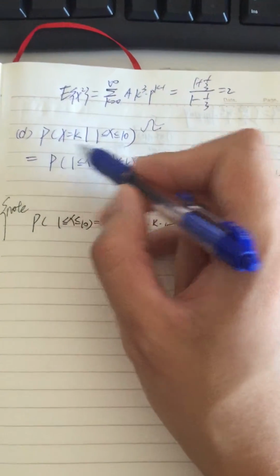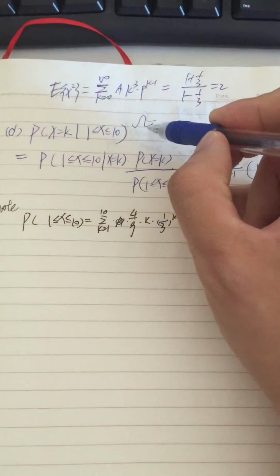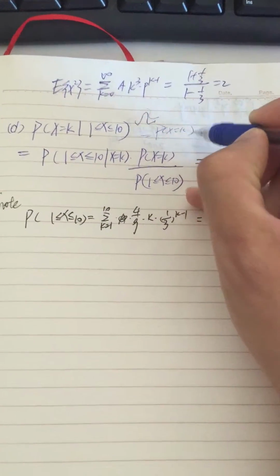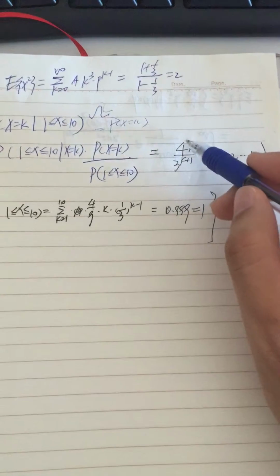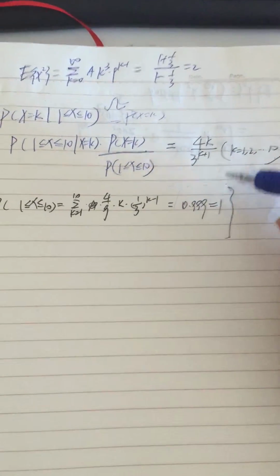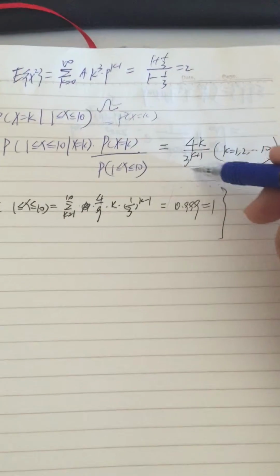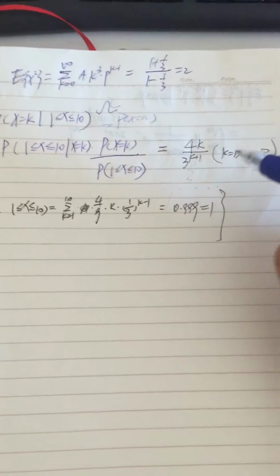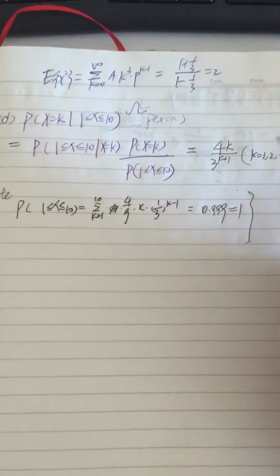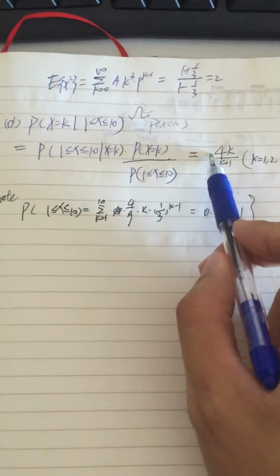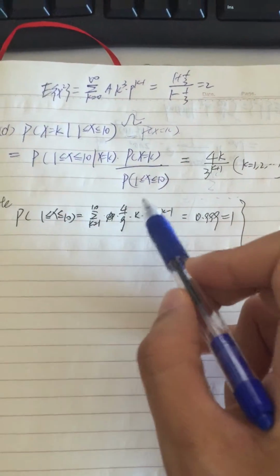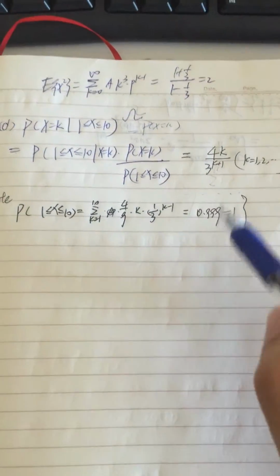So the conditional probability should be equal to the probability of x equal to k, which is 4 over 9 multiplied by and so on, which is equal to 4k over 3 to the k plus 1. But in this way, k should only range from 1 to 10. So we have the assumption here that x greater than 1 and smaller than 10 is the whole set.